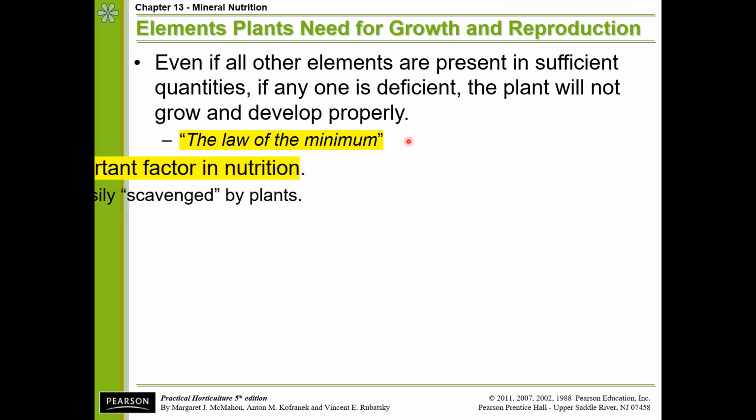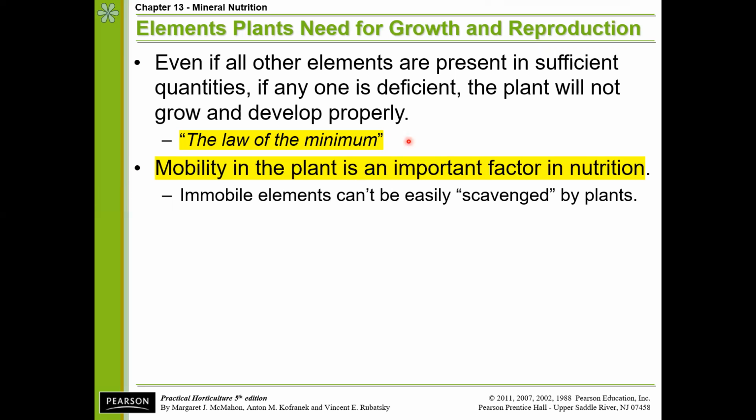Another issue with that is that you might have those elements there, but maybe they're in too high of quantities. In some cases, we get imbalances, which can affect the mobility in the plant. It can prevent a nutrient from being moved to the part that a plant needs.